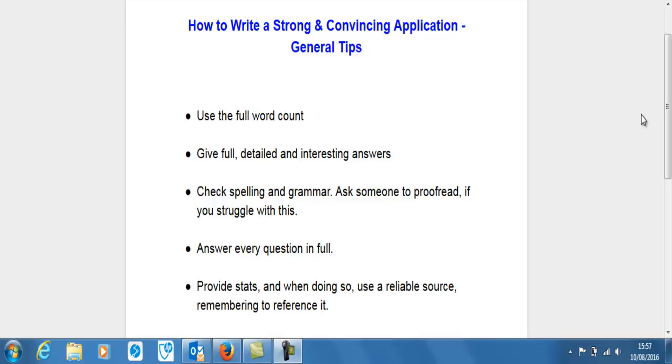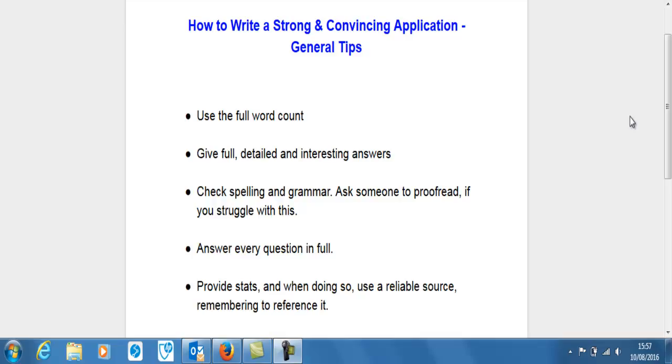Third point, make sure you check spelling and grammar. Again, this is for the benefit of the person who's reading it. Bearing in mind that someone is going to have, let's say, 100 applications to read through, you need to be able to get your point across to them as quickly as possible.